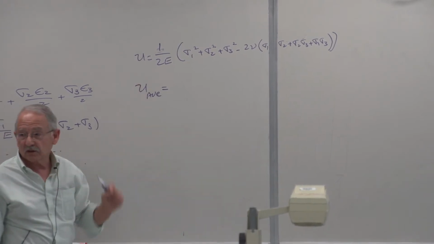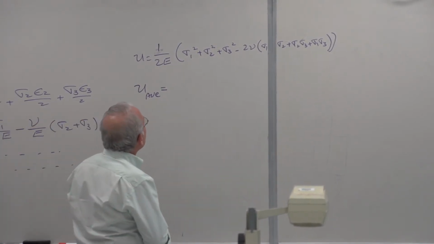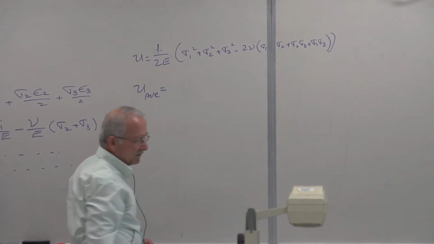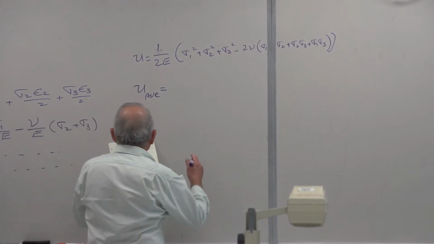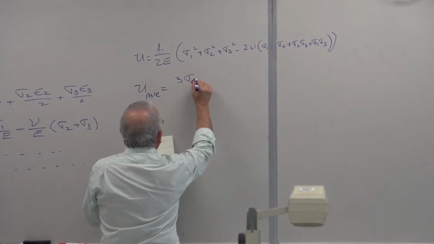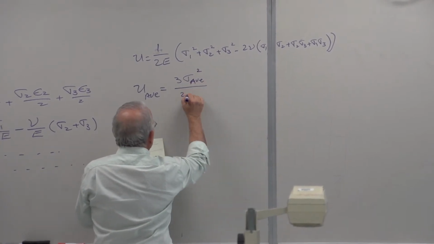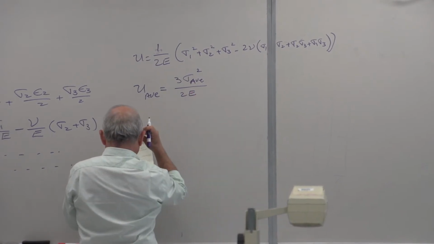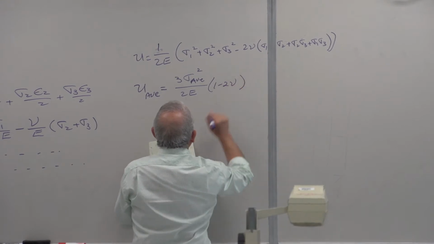Then I can subtract it from that. So if I put all of these equal to sigma average, this is what I get. I get 3 sigma average squared divided by 2E times 1 minus 2 nu.